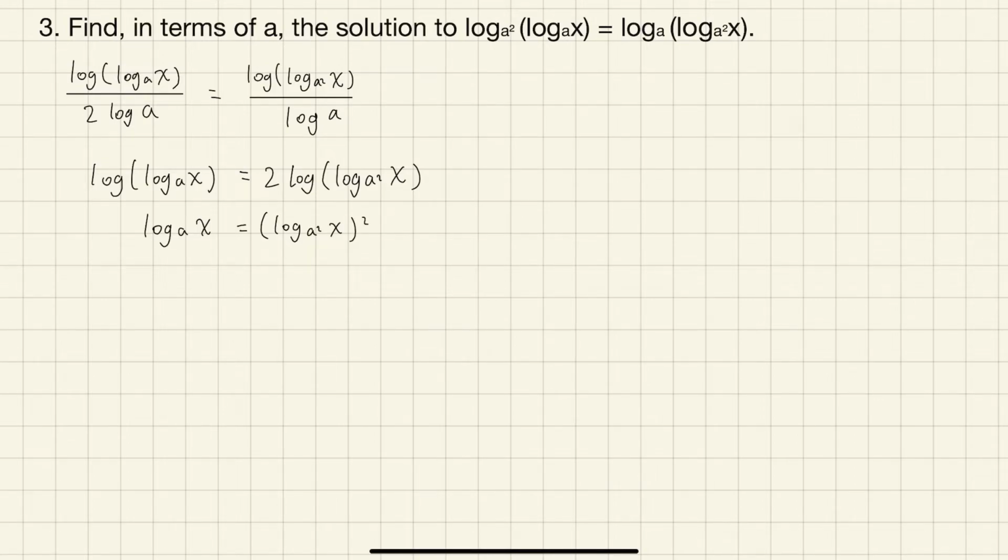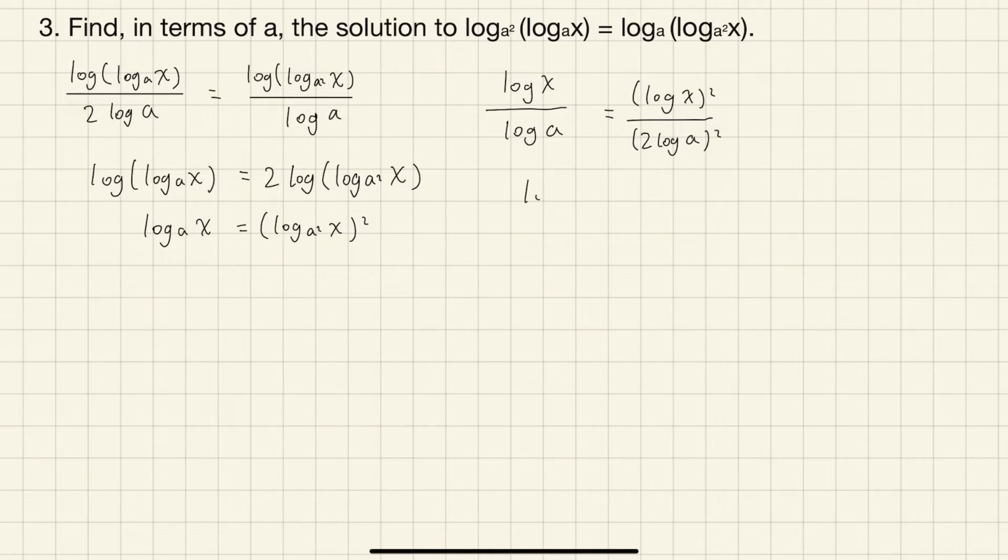Next, we'll take this equation and use the change of base rule once again on both sides of the equation to get log x over log a is equal to log x squared over 2 log a squared.